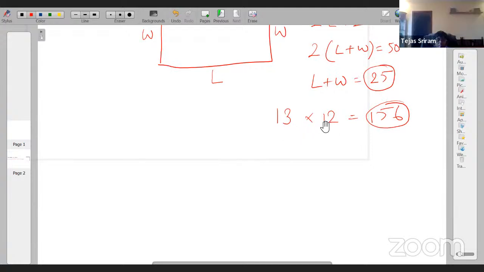So if you draw a rectangle, let's say you're drawing a rectangle with a perimeter of 10. If the number of rows is 9 and number of columns is, yeah, I explained this to you last time.